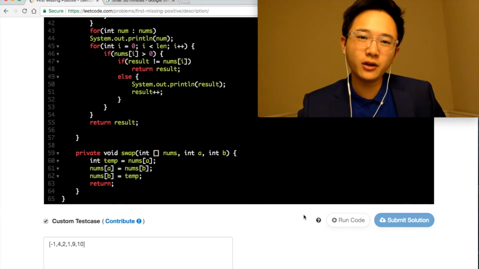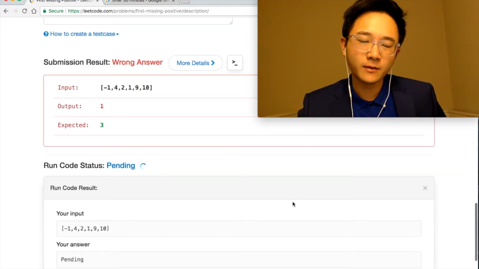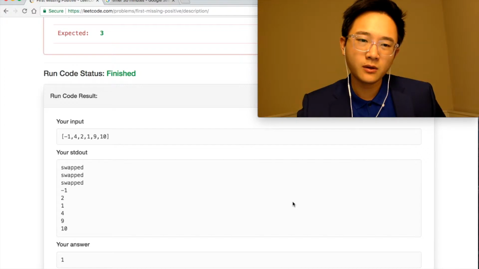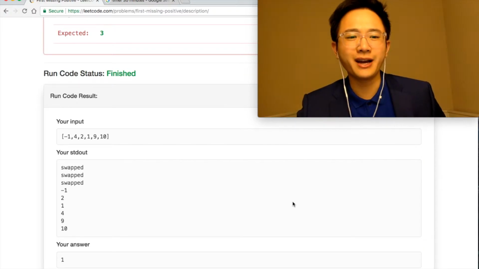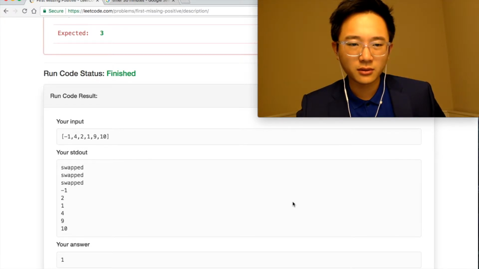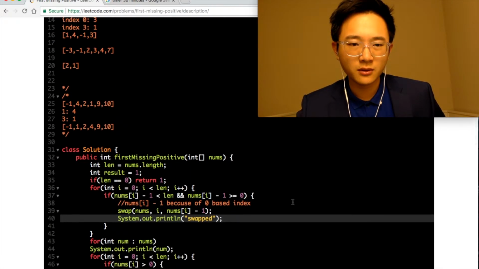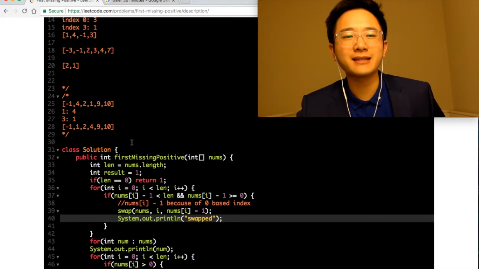This is ridiculous. Oh, we swapped 3 times. That's ridiculous. It should only swap once. Oh wait, yeah, it's technically 3 times, but okay.